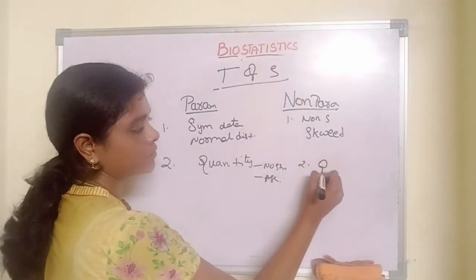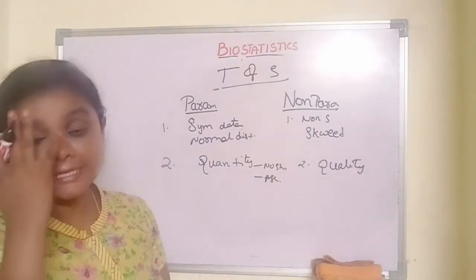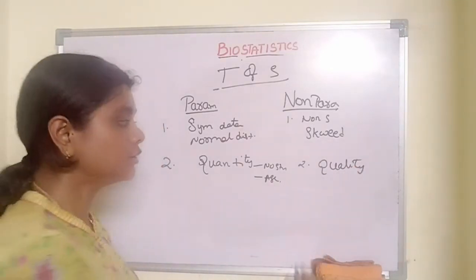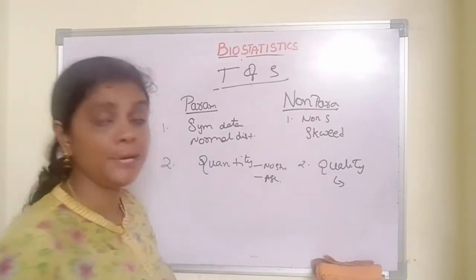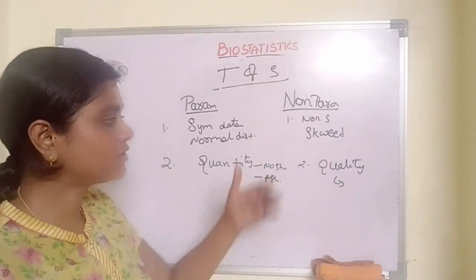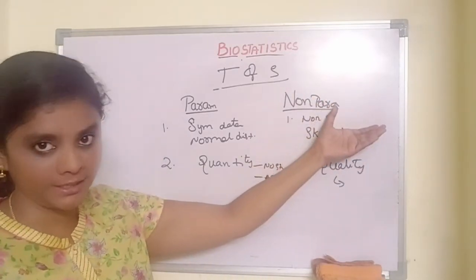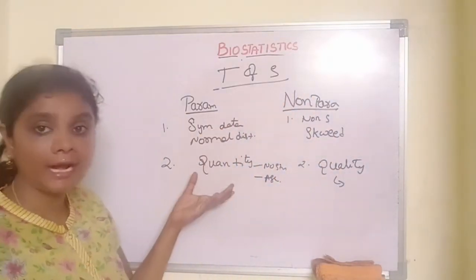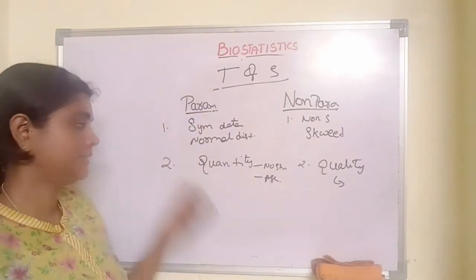Non-parametric tests deal with quality parameters. So there is a quality parameter involved. Like we are taking online classes, the type of class taken. So the quality parameters are dealt with by non-parametric tests and quantity parameters are taken by parametric tests.